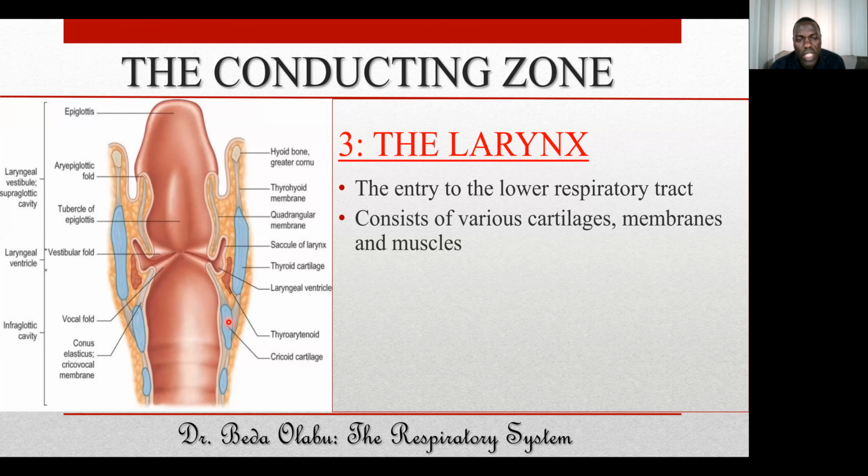So it is important that you know where the cricoid cartilage is, because a number of times if you're working in theater, an anesthetist may ask you to give them some cricoid pressure when they want to intubate a patient. If you're a nurse and you don't know where the cricoid is, you'll put pressure on anything there, and you might end up killing the patient instead of helping the patient.